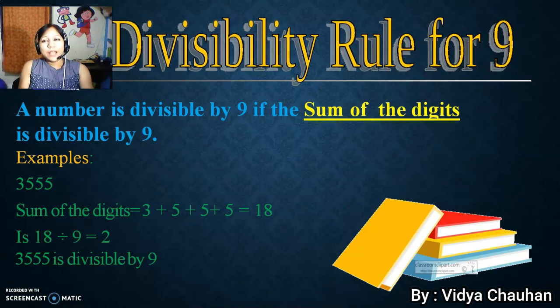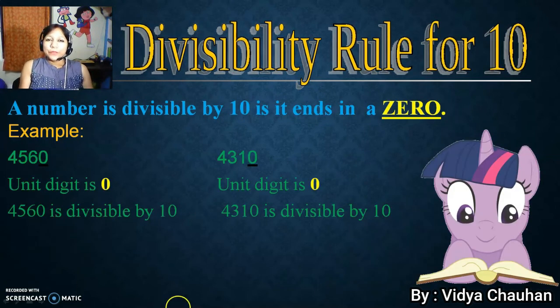Moving forward with the last rule for your course, the divisibility rule for 10. This is our last topic today. A number is divisible by 10 if it ends in a 0. The digit at ones place should be 0.